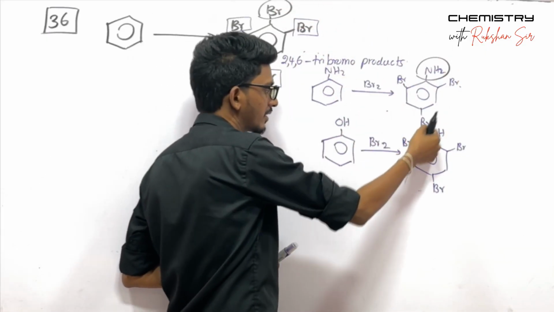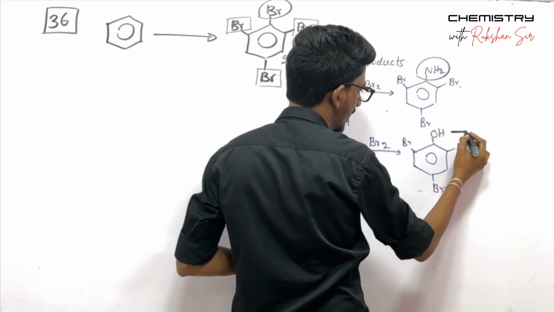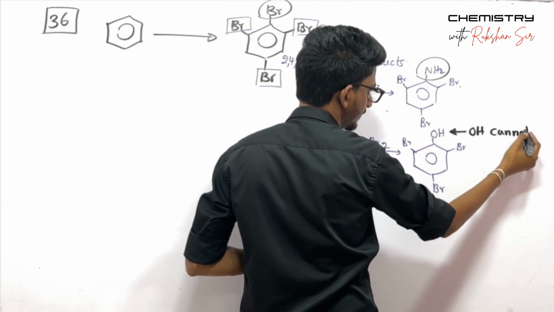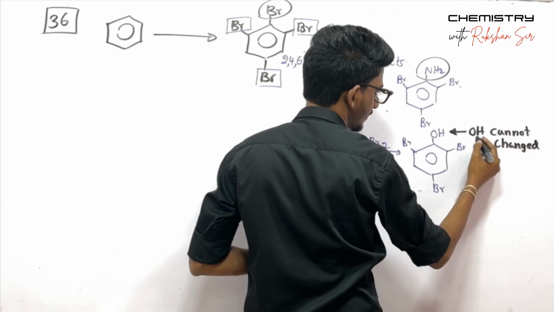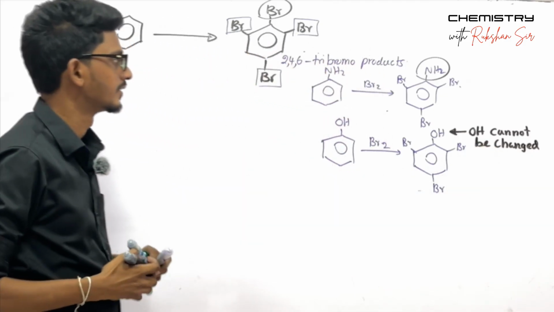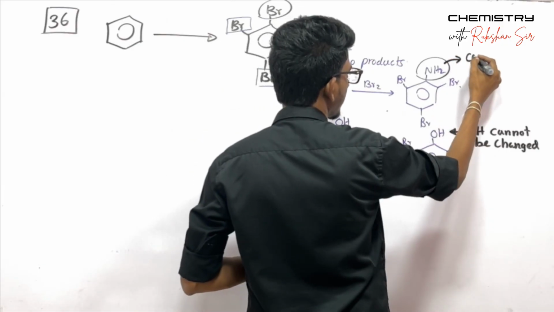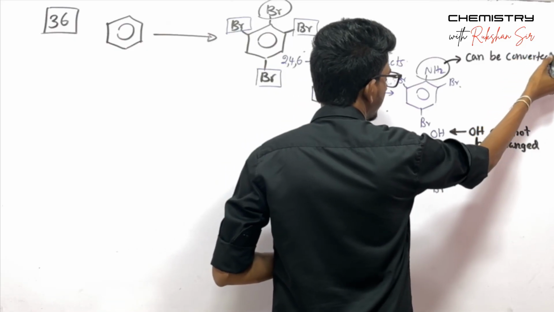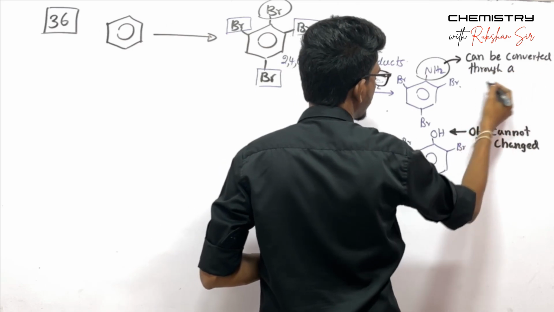This OH can't be changed. This can be converted through a diazonium salt.